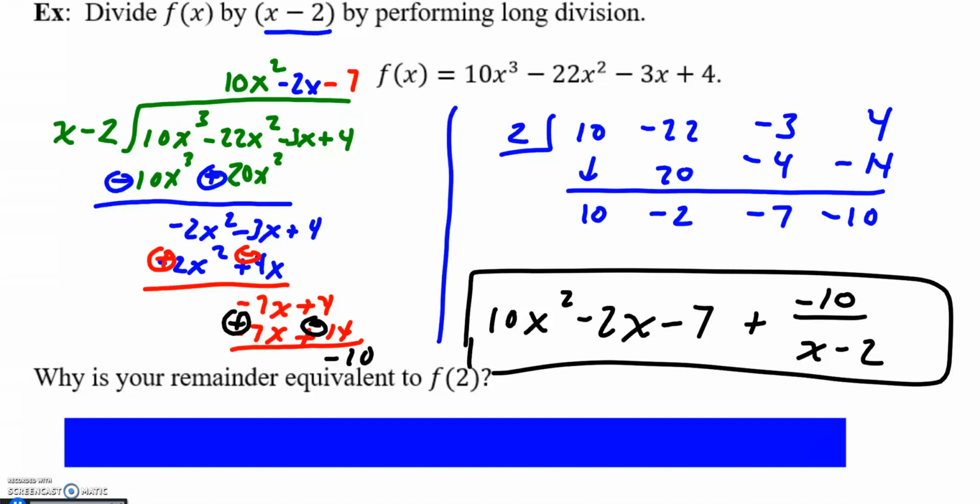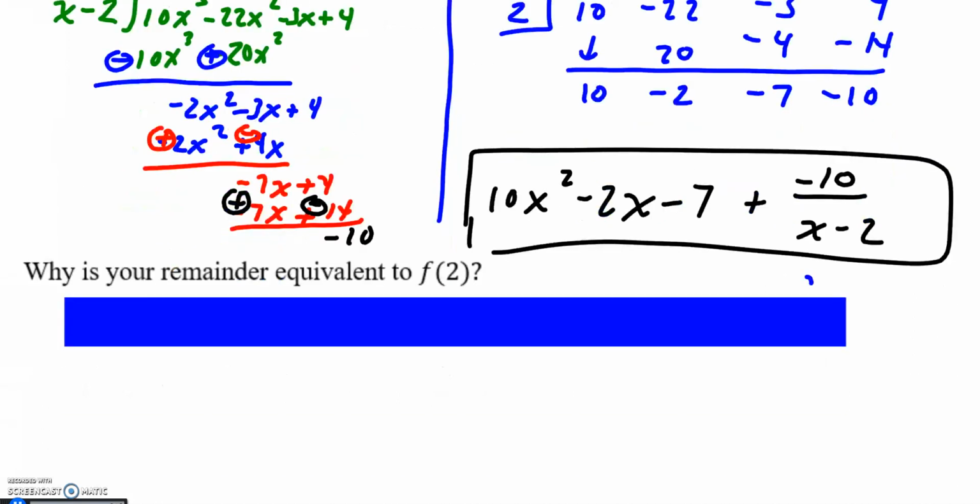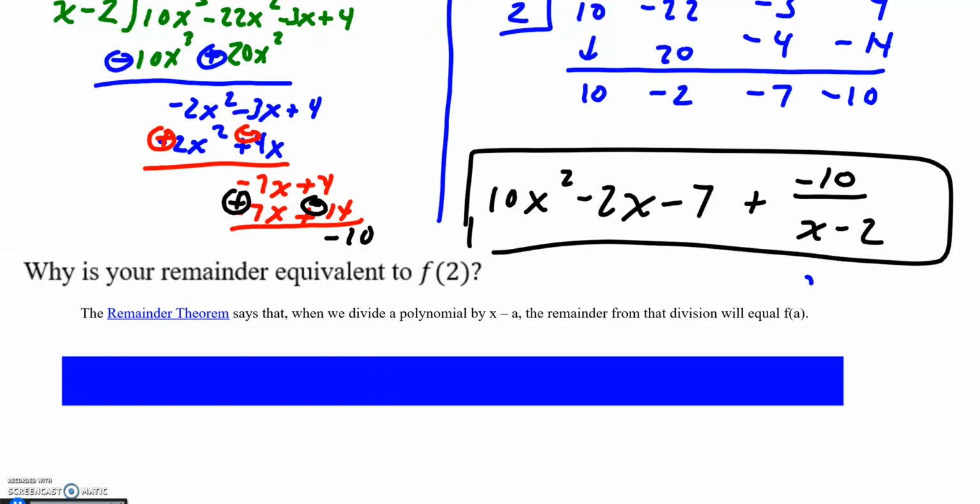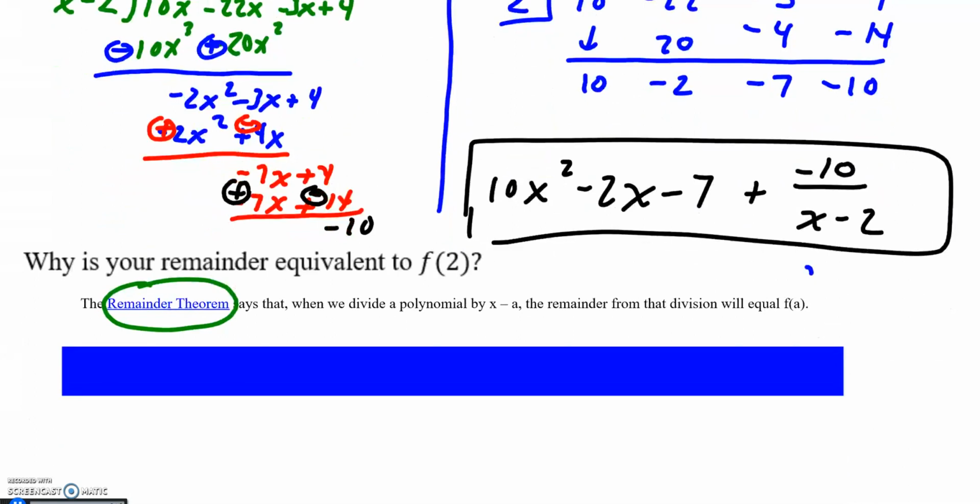Now the final part of this video is asking why your remainder is equivalent to f of 2. Well, it's equivalent to f of 2 because of something from an earlier video called the remainder theorem. The remainder theorem states that when we divide a polynomial, any polynomial, by a factor, in this case our factor was x minus 2, then the remainder will be the same as if I had plugged in f of 2 originally.